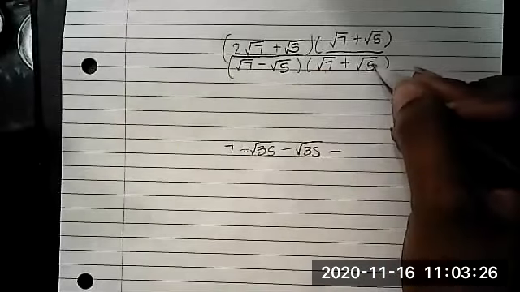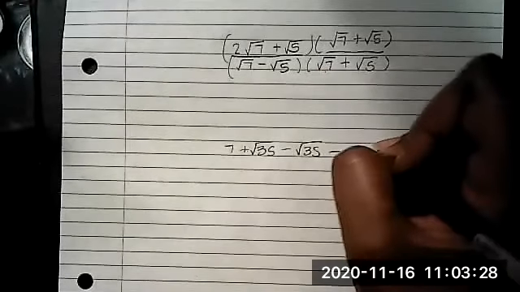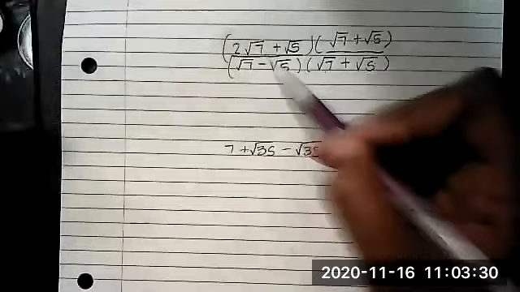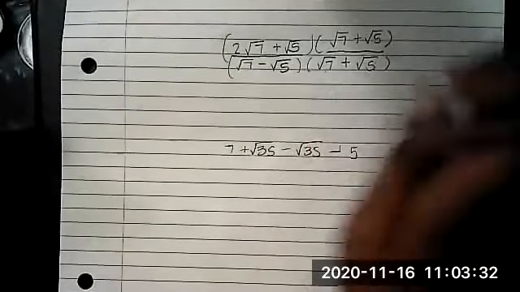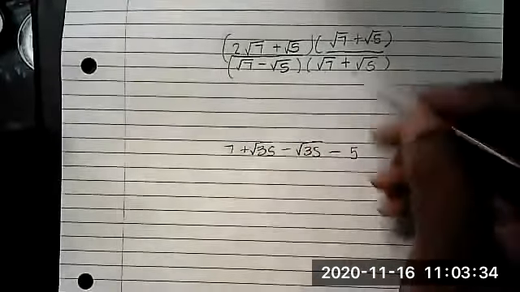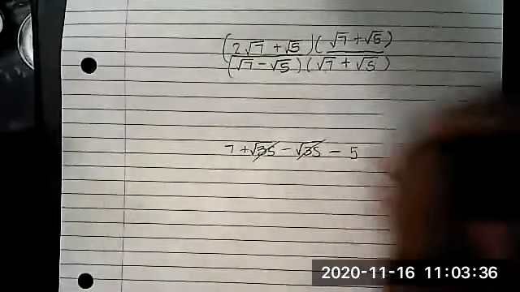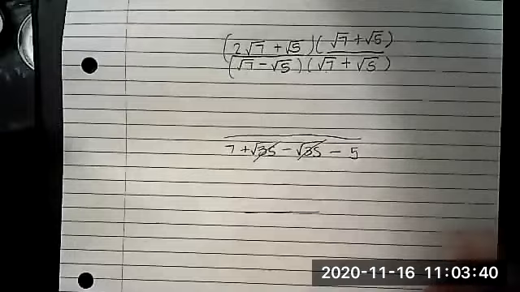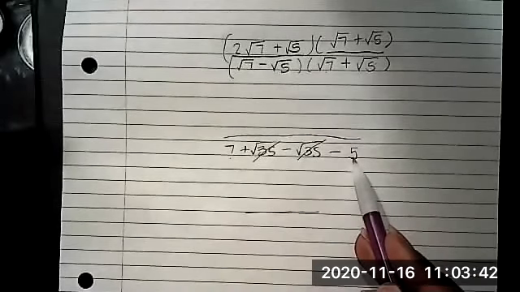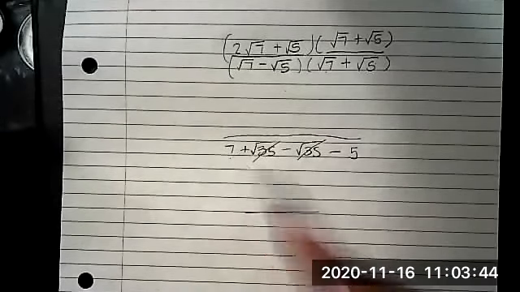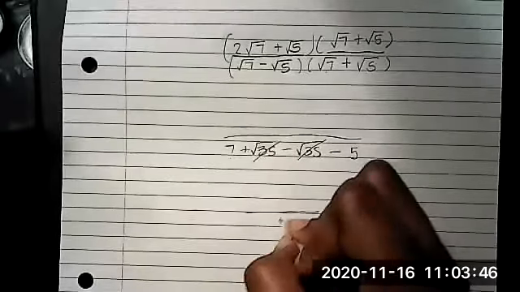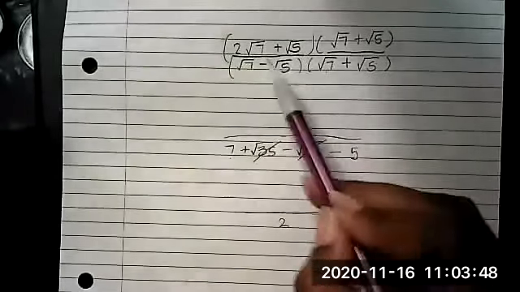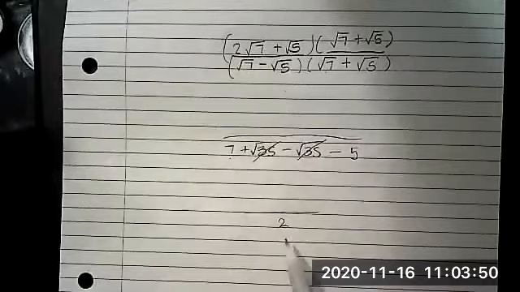Remember, it's negative because one's negative, one's positive. Those two together just become 5 on the outside. Square root of 5 times square root of 5 is just 5 on the outside. Okay. So now these cancel out. This is at the bottom of the fraction, don't forget. And then 7 minus 5. Okay, that's what's left over. 7 minus 5 is just 2. All right, so all of this at the bottom became 2.